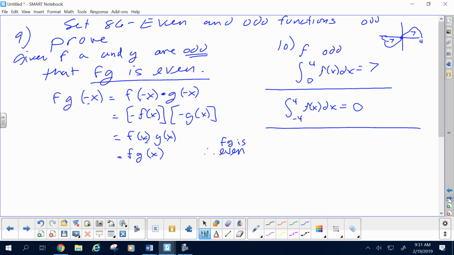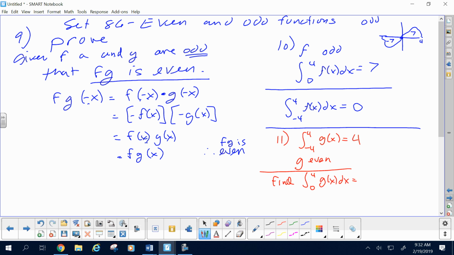Number 11. The integral from negative 4 to 4 of g is 4, and you're given that g is even. That's good, because it definitely couldn't have been odd. Find the integral from 0 to 4 of g.